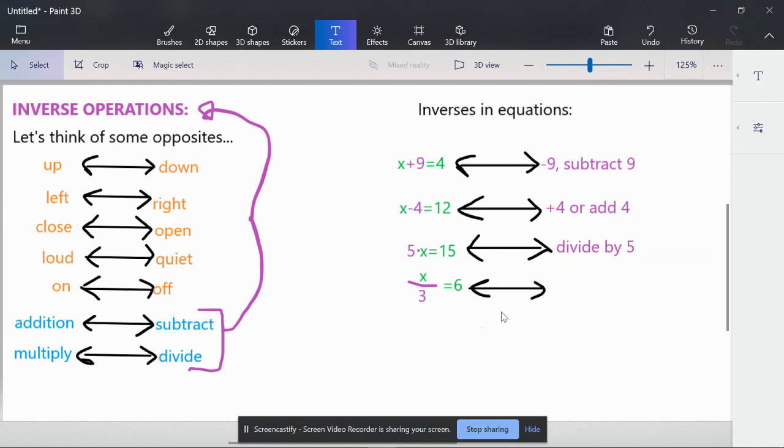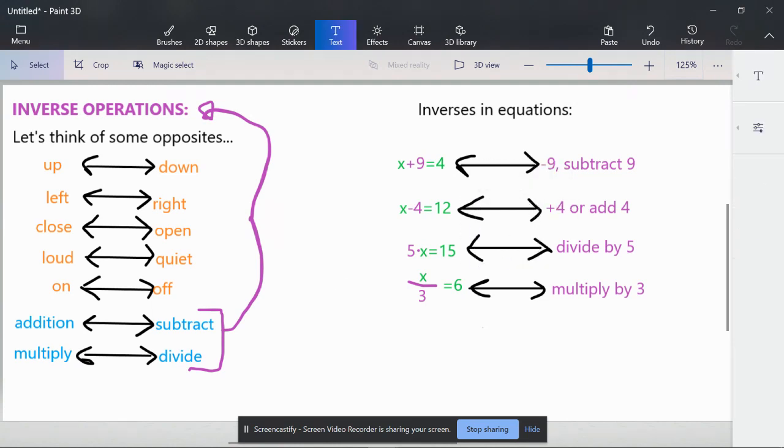And for the last one, we have x divided by 3. Remember, division is really commonly shown as a fraction. So the opposite of x divided by 3 would be multiply by 3.